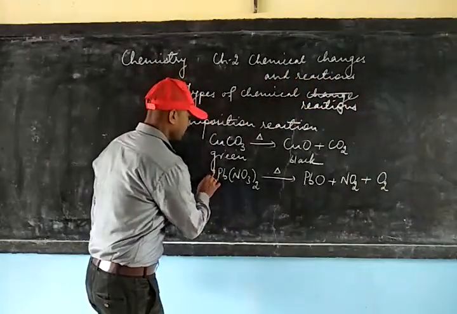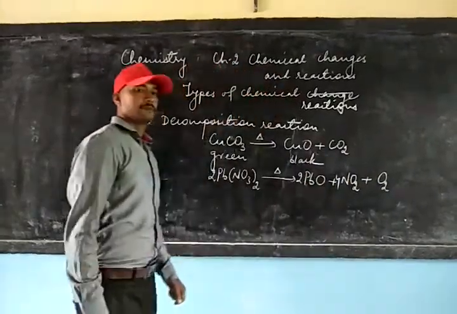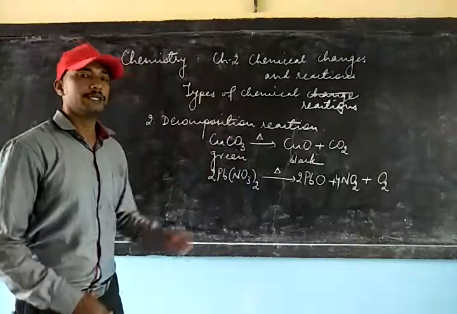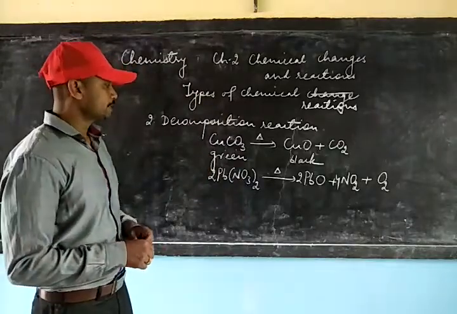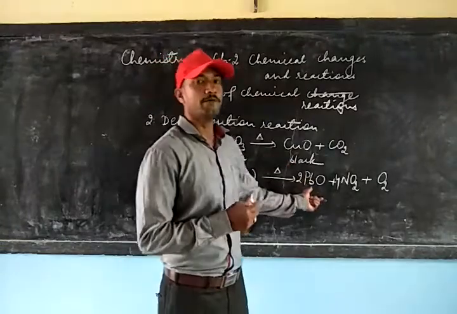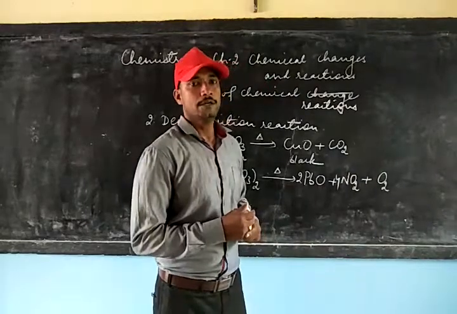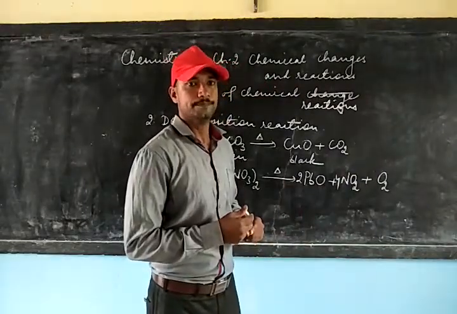We can balance this equation using these numbers. A very important observation is that when lead nitrate is decomposed, it gives a yellow solid of lead monoxide along with a reddish brown colored gas of nitrogen dioxide.